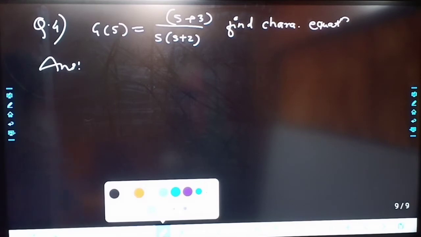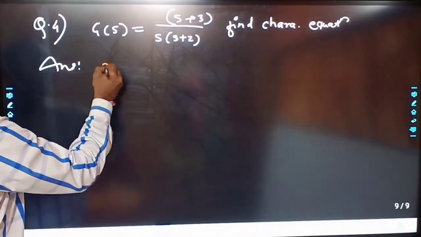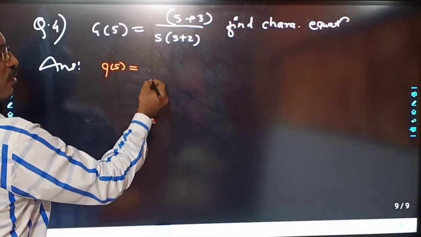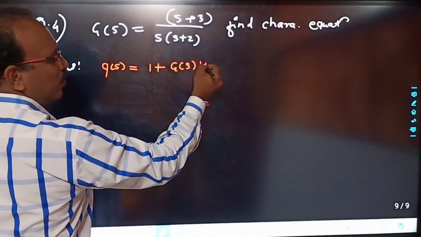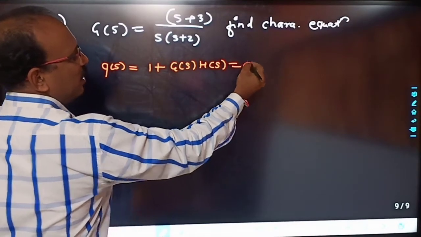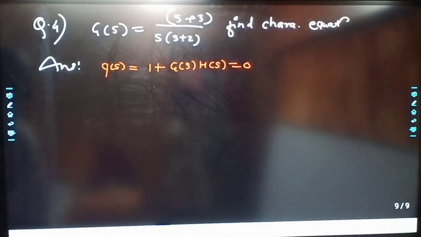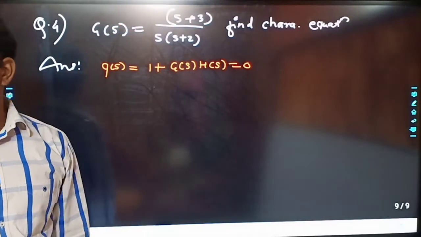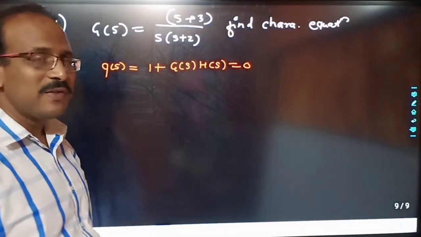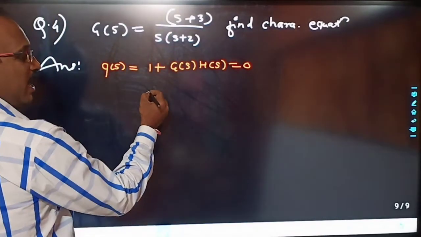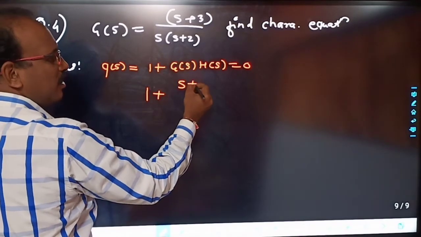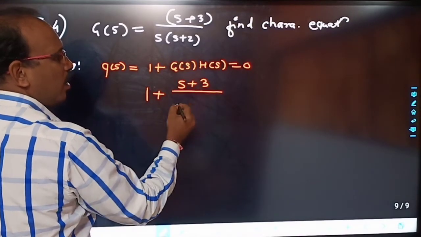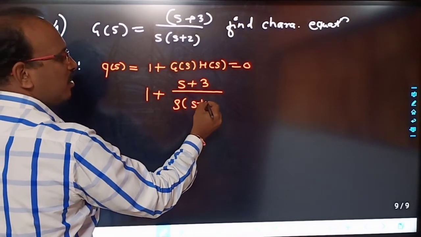You know the characteristic equation is q of s equals 1 plus g of s into h of s, and we have to make it equal to 0. But what is given? Only g of s is given. This is an open loop system, not a closed loop system. So we write 1 plus g of s, which is s plus 3 upon s into s plus 2.